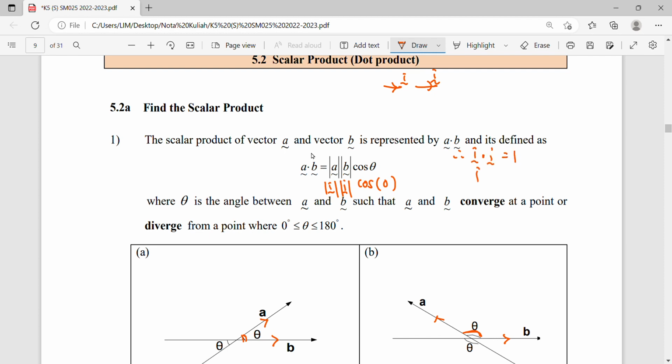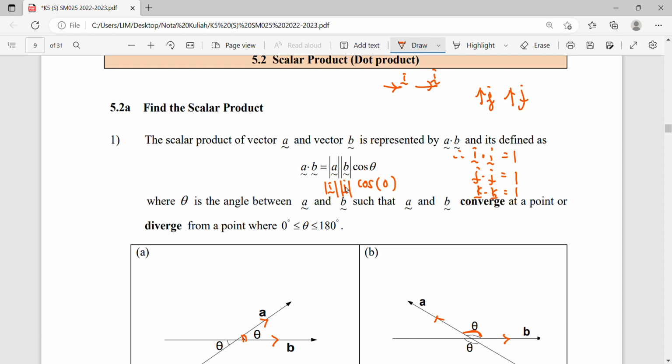Then when j dot with j, j is going up, their directions are parallel, right? So there is no angle between the two vectors, they are parallel. So unit vector j with j is also 1, and therefore k with k is also 1.